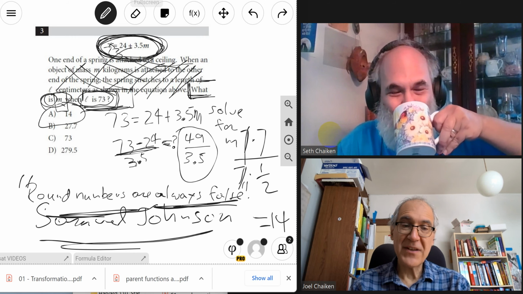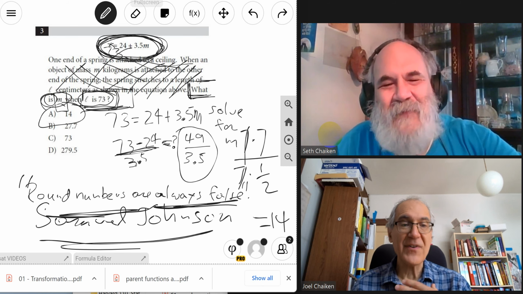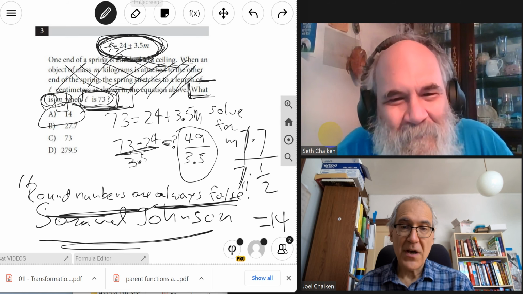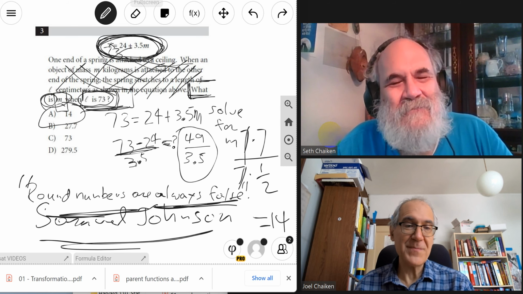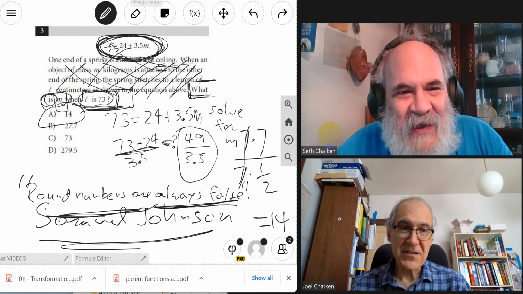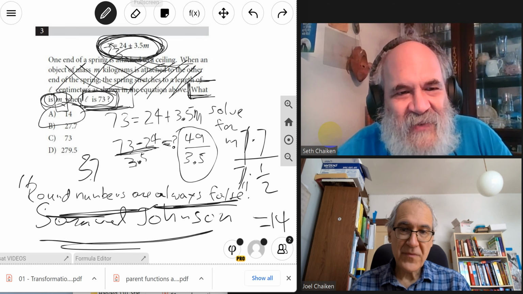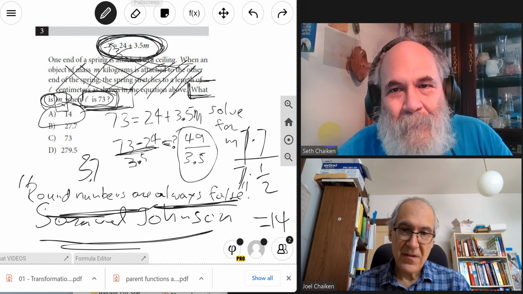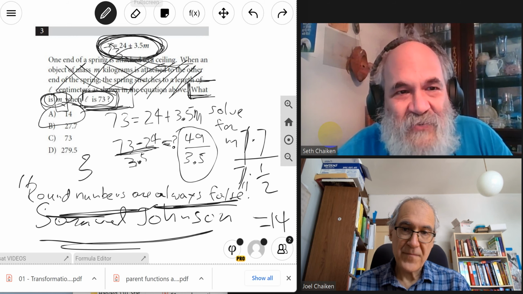I would have done it without a calculator. I say to myself, fractions are my friend. Most of the time you hate fractions because in the lower grades you add and subtract them, which sucks. 3.5 is, in other words, 7 halves.